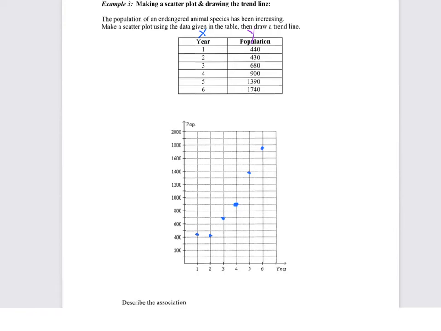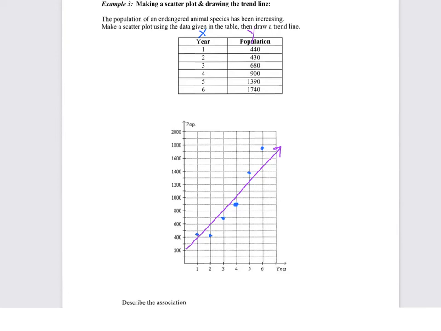So we graphed our coordinates. Our next step is to make the trend line. We have 6 different coordinates here, and you want to make the trend line or line of best fit in between, where we would have 3 above and 3 below. So let's graph that. Just like that.